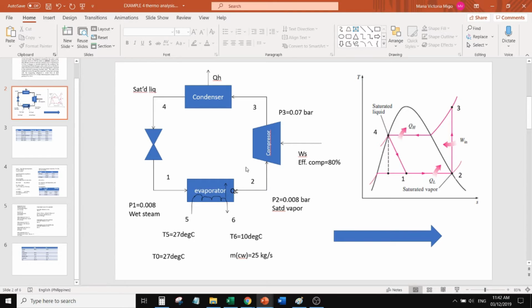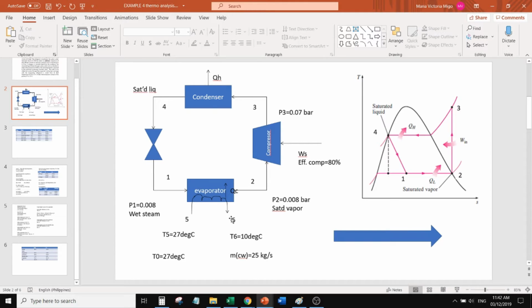It's not work per se, it's heat. Okay, it's in the form of heat. There's no moving parts. Okay, but again, this part here represents the whole cycle. So this is the start and this is the end.